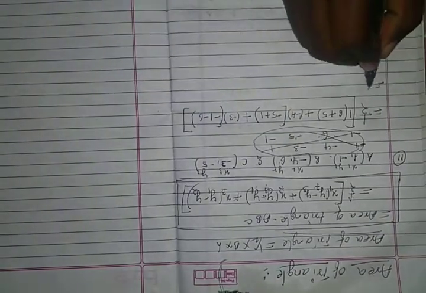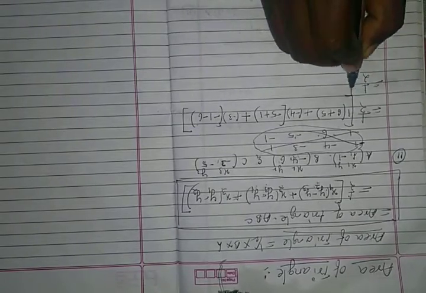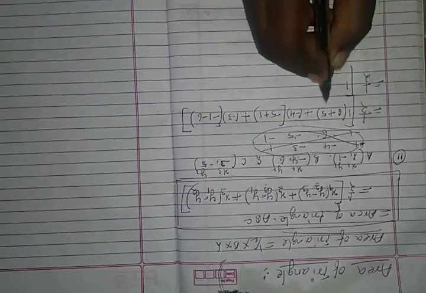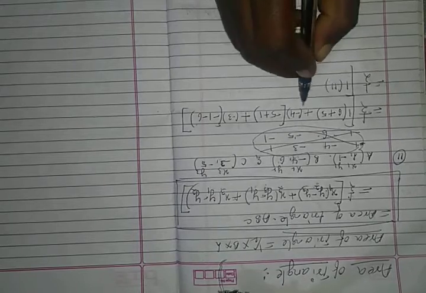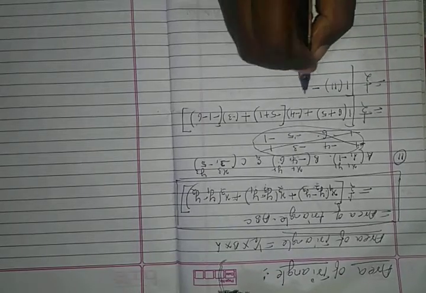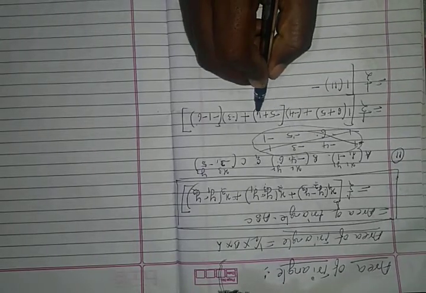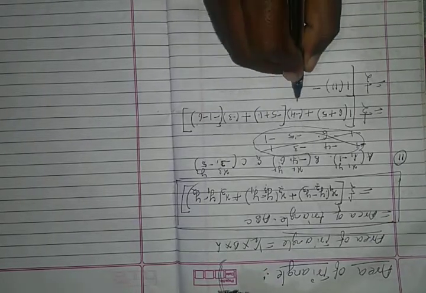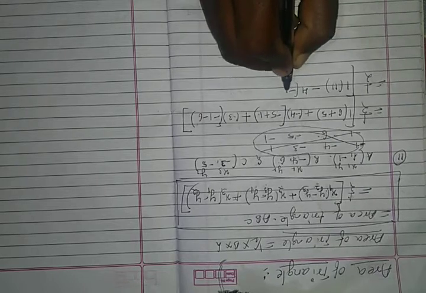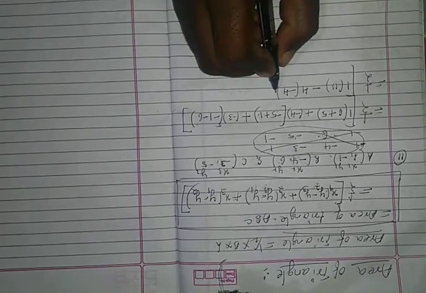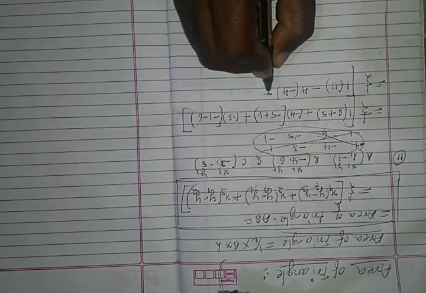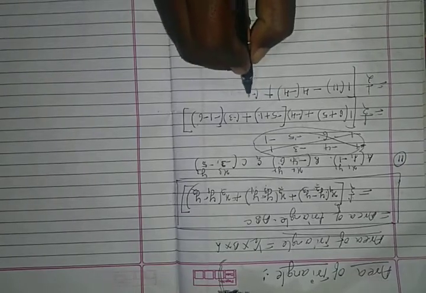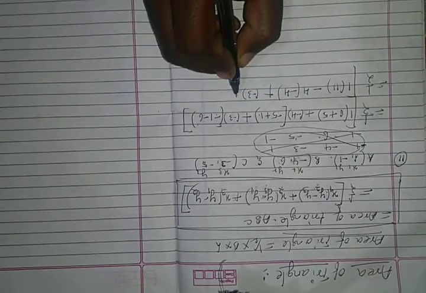So it is equal to half into 1 into 6 plus 5 is 11, plus minus 4 into minus 5 plus 1 is minus 4, minus 4 into minus 4. After that plus minus 3 into minus 7.